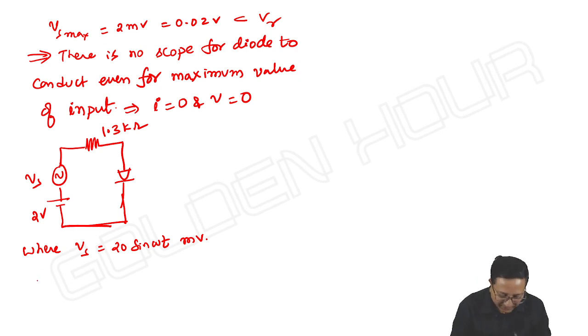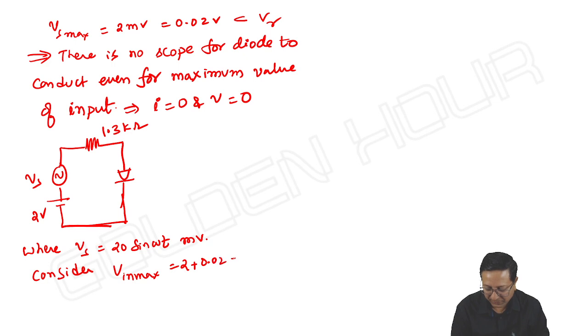Because consider V input maximum. It is 2 plus 0.02, which is 2.02 volts, greater than V gamma.